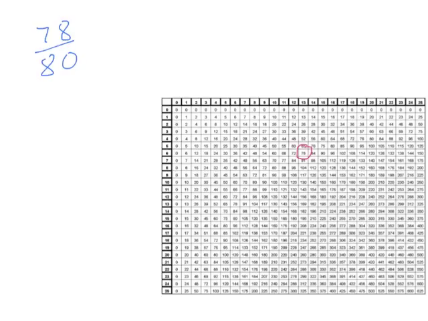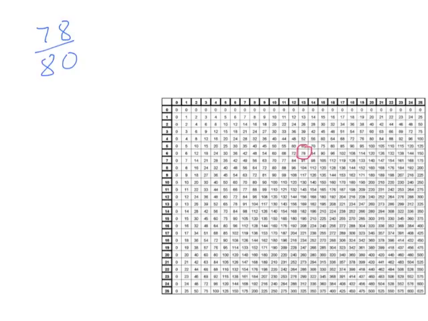So we've got 78. Now, if you look at the multiples of 6, we can't find the number 80. Remember, we need the numerator and the denominator in the same row or the same column.